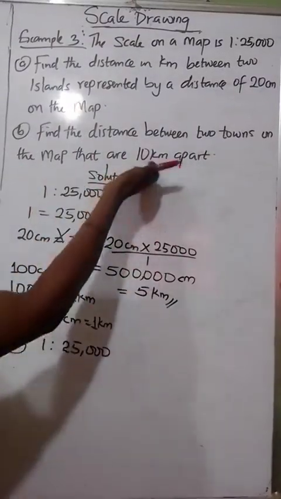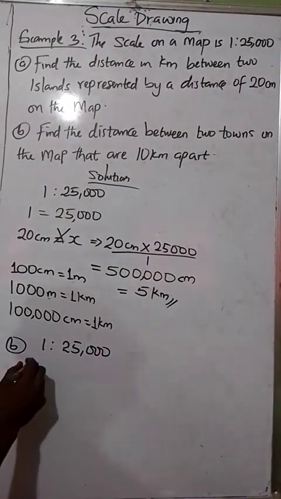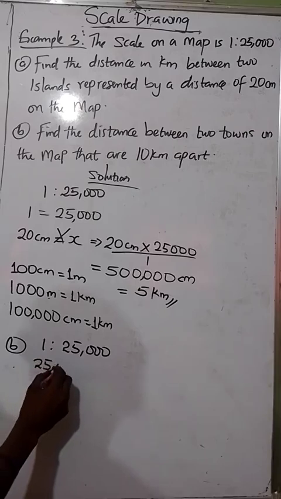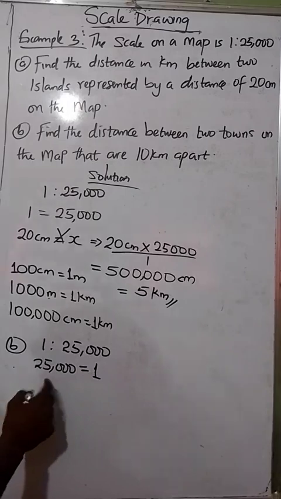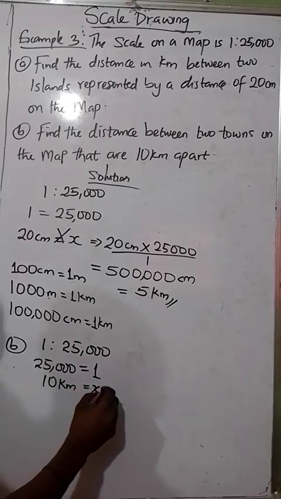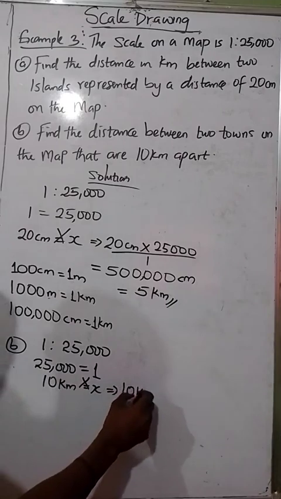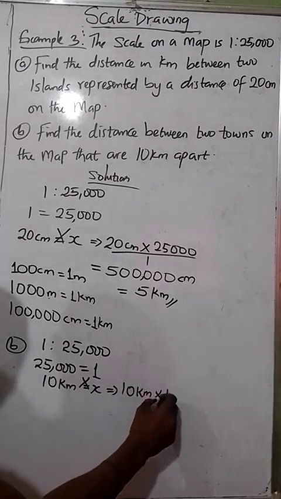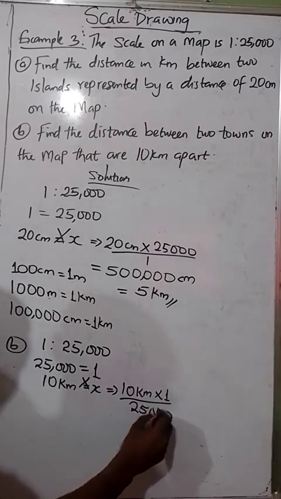So we now bring the actual to this side. That's 25,000 equals 1. Then the actual, 10 kilometers, equals x. That equals 10 kilometers times 1 over 25,000.